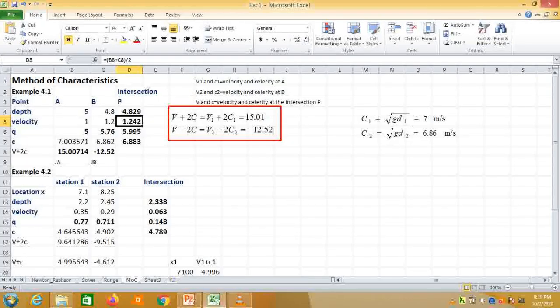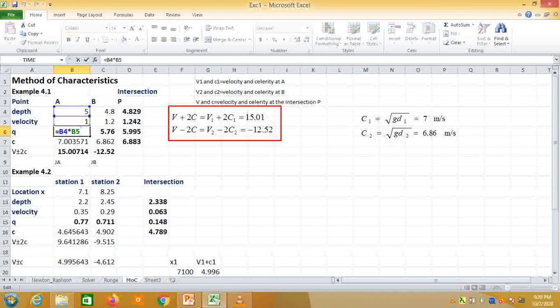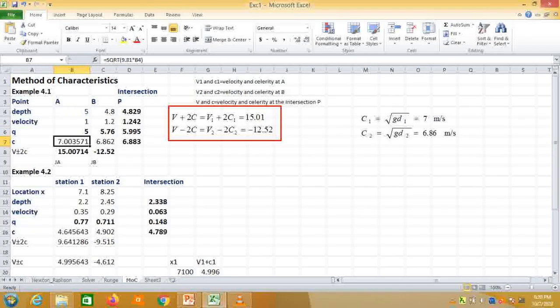You can also get the corresponding Q. As you can see here, this is basically depth times velocity for a unit width, which shall give you the specific discharge. And then the specific discharge at the intersection is like that.